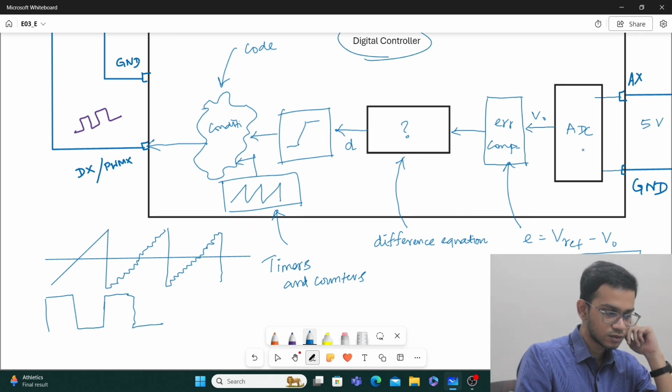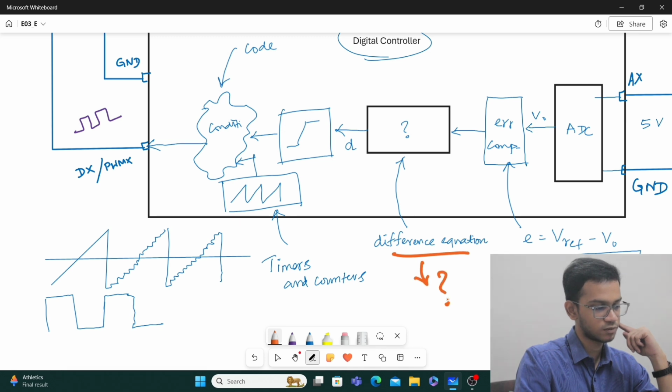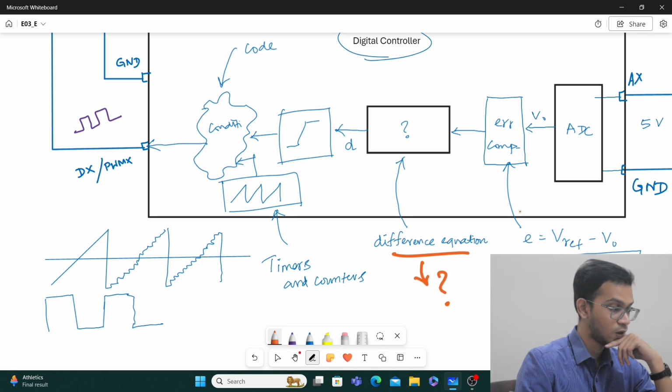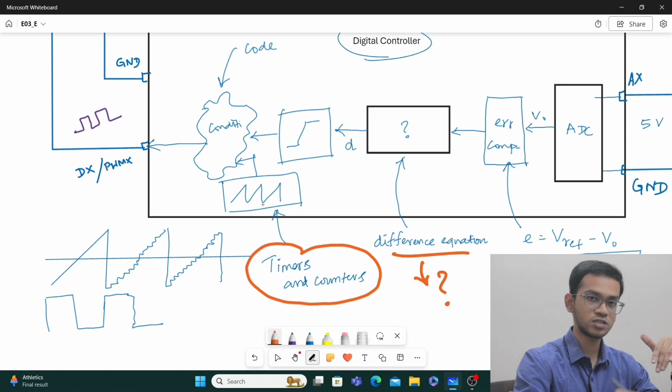So in this, what are the things that we need to focus on further? What is this difference equation? How to implement it in Arduino? How to configure timers and counters in Arduino to make this sawtooth generation happen for your desired frequency.